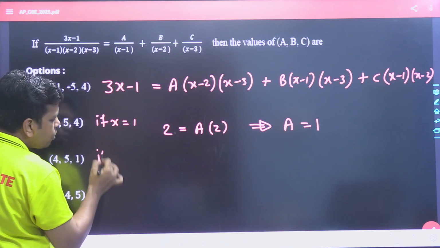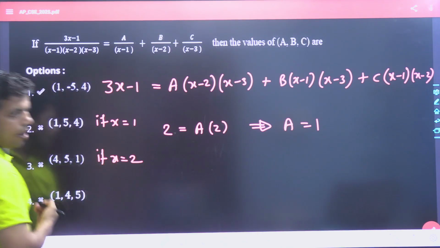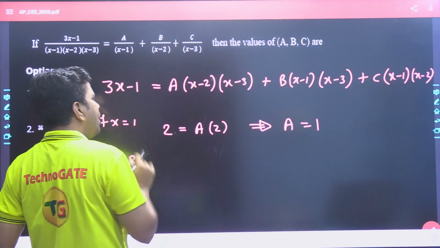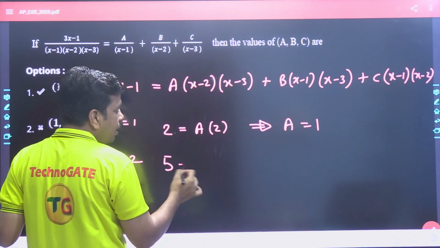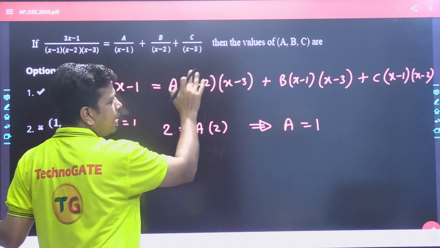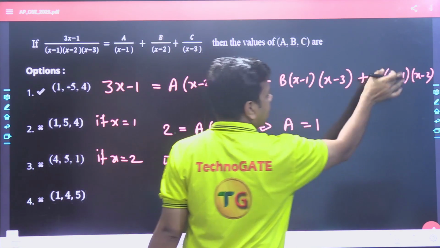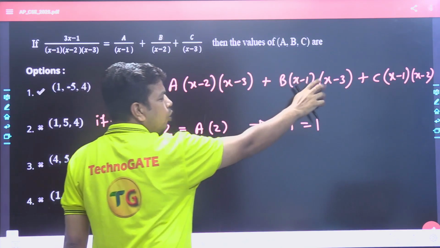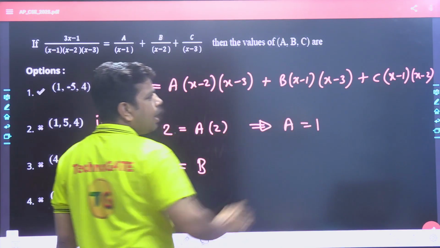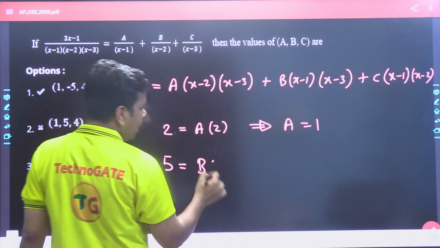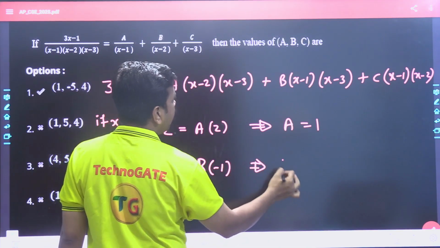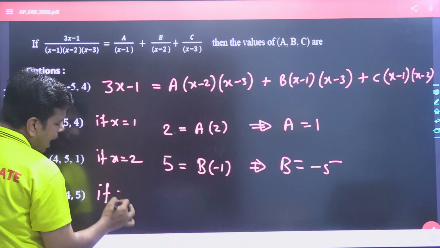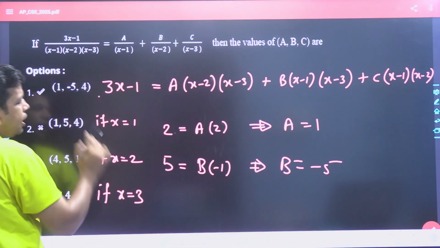If the value of x is 2, x into 2, how much? 5 equals, I am putting 2 into 1 becomes 1 minus 1, how much? Calculating the value, if we use x equals, what will happen?